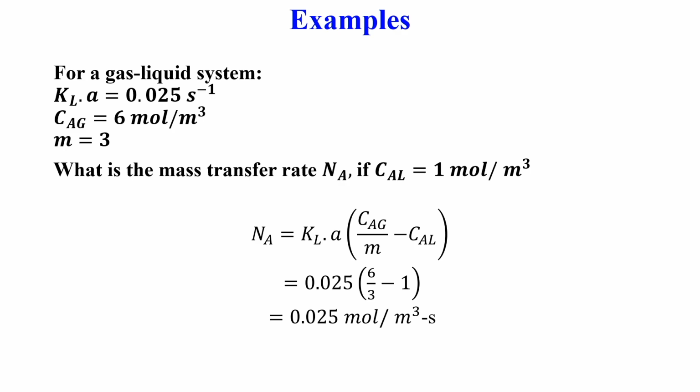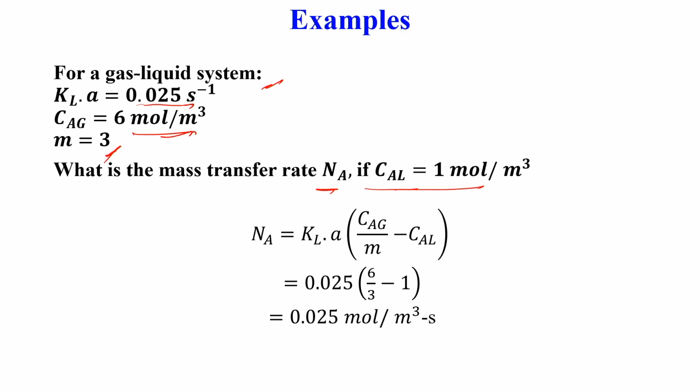Now, here are a couple of examples based on the concepts we have discussed. For a gas-liquid system, kLA is 0.025 second inverse, the concentration in the gas phase CAG is 6 mole per meter cube, and the partitioning coefficient m is 3. Calculate the mass transfer rate if the liquid phase concentration CAL is 1 mole per meter cube.